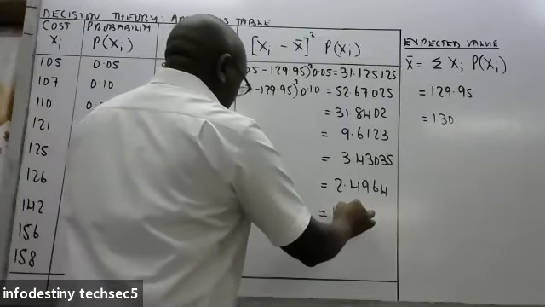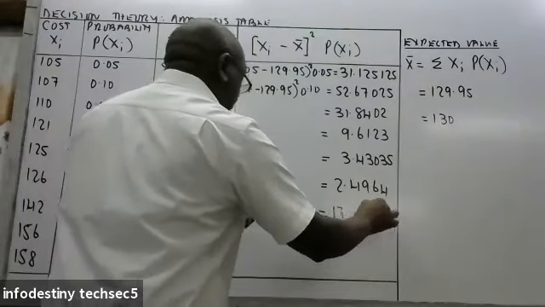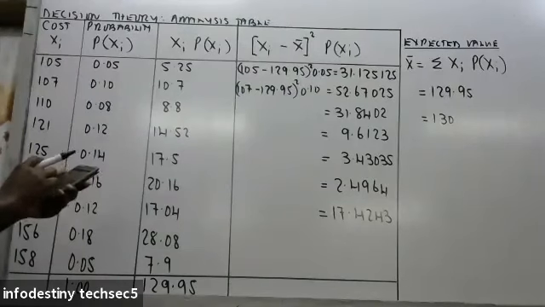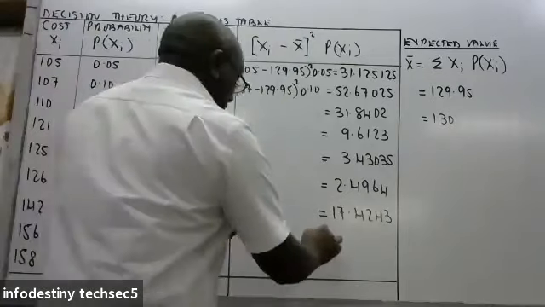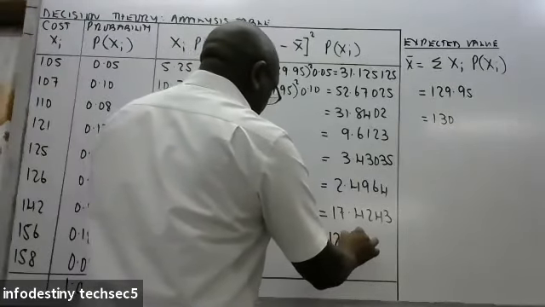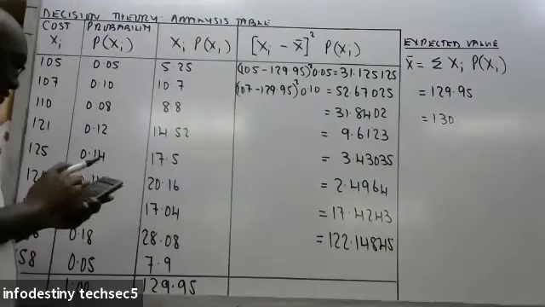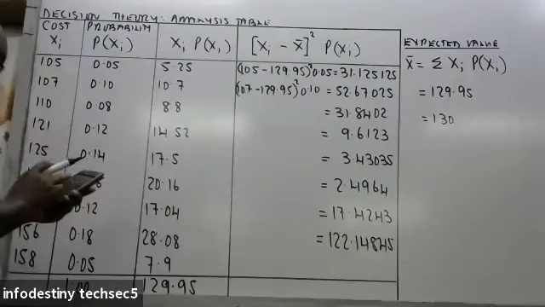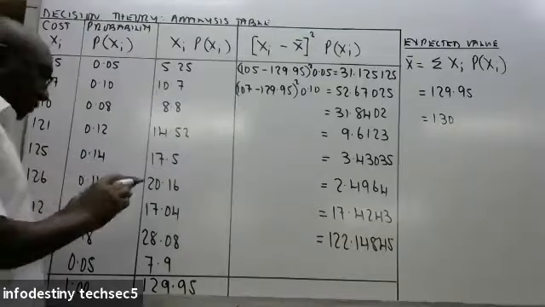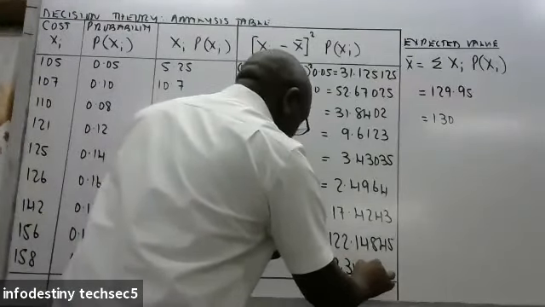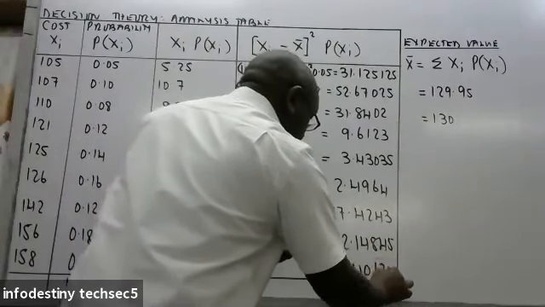I have 17.4243. 156 minus 129.95. You square that, multiply by 0.18 is 122.14845. 158 minus 129.95. You square that times 0.05 is that 9.340125.